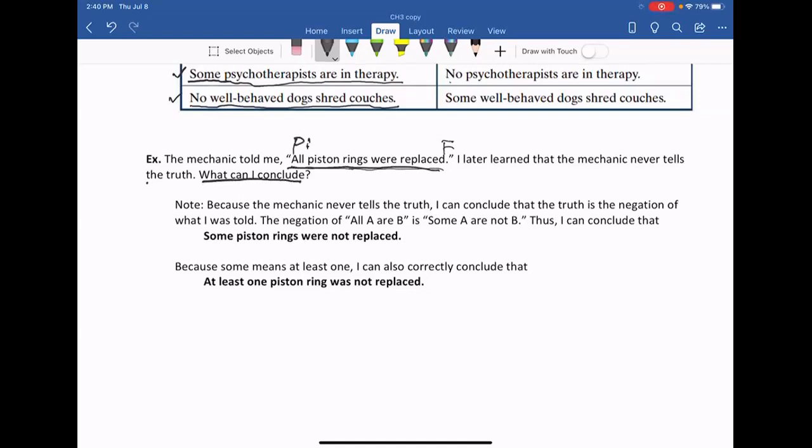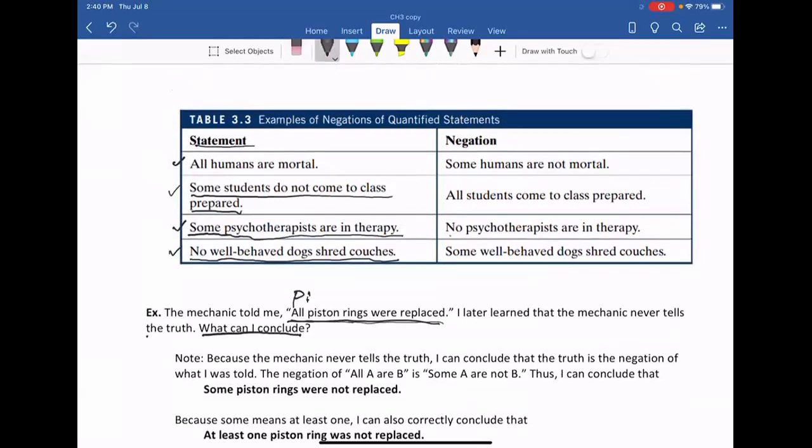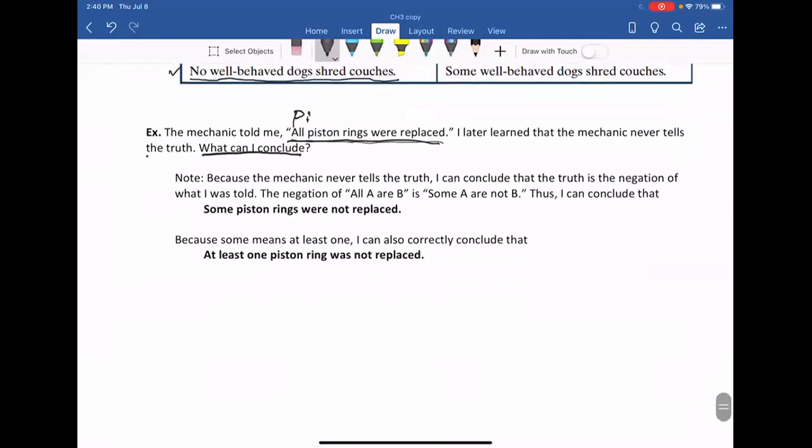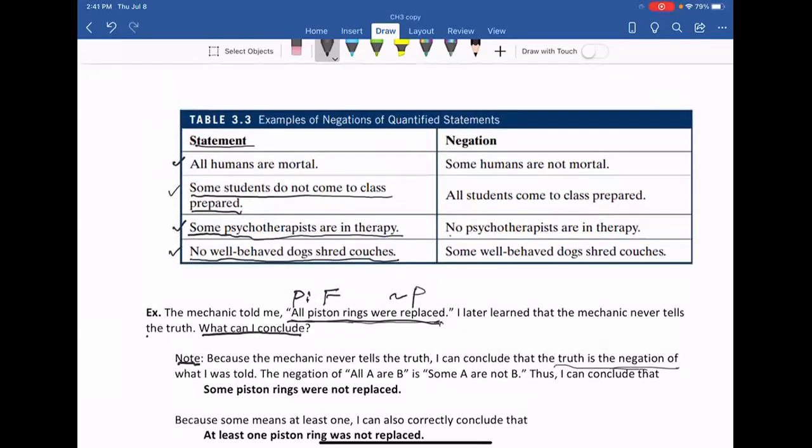It's not just about whether this is a false or true sentence, it's looking for another way to express it. Let's find the negation. Because the mechanic never tells the truth, I can conclude the truth is the negation. Because this one is false, the negation of the statement is a true statement.